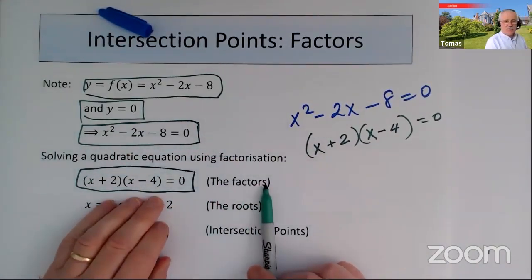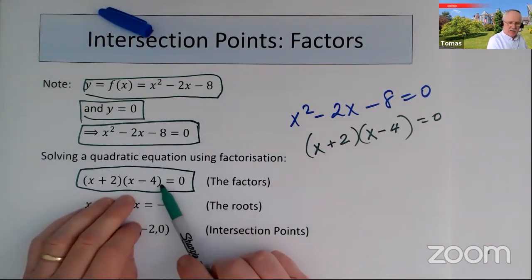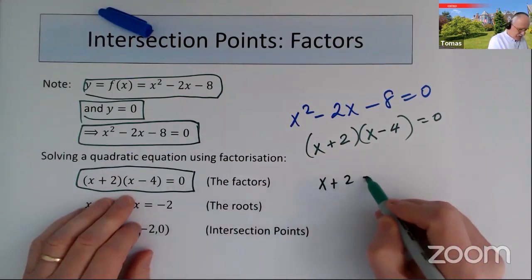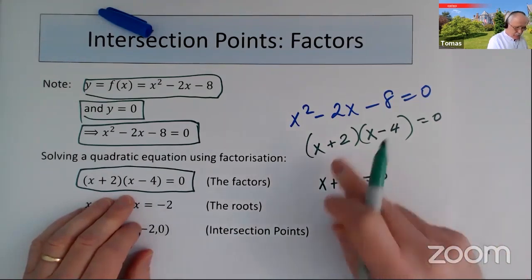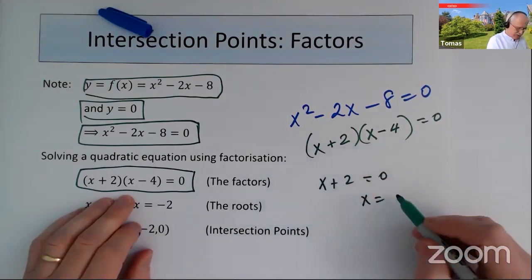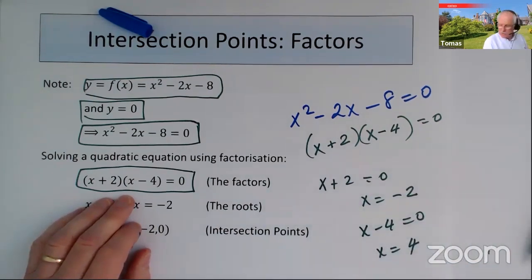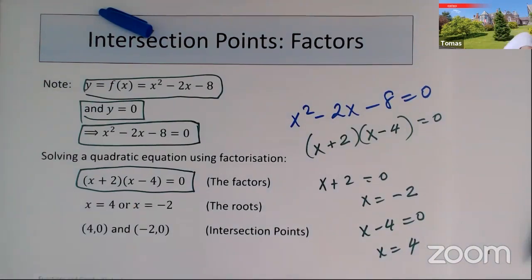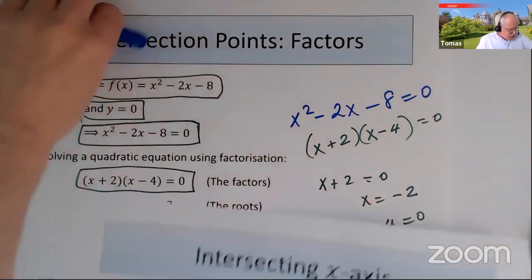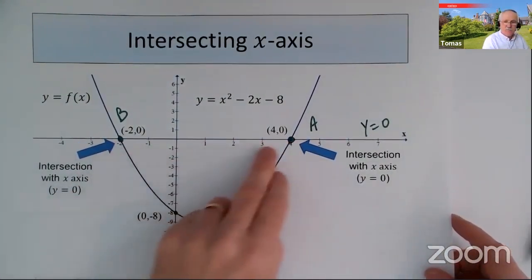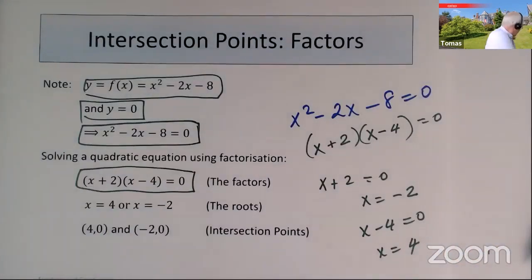The factors: x plus 2 times x minus 4 is 0. And if x plus 2 is 0, then we take the 2 across, so x is -2. And if x minus 4 is 0, x must be 4. So effectively the roots are -2 and 4. And -2 and 4 look correct. So they look okay.